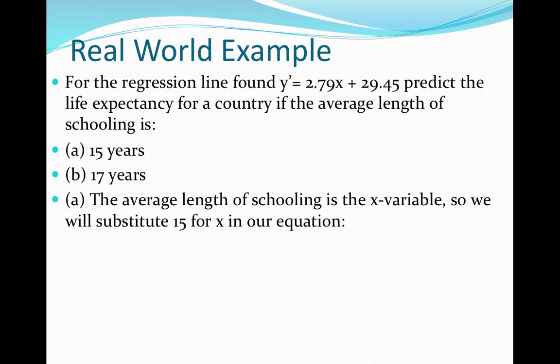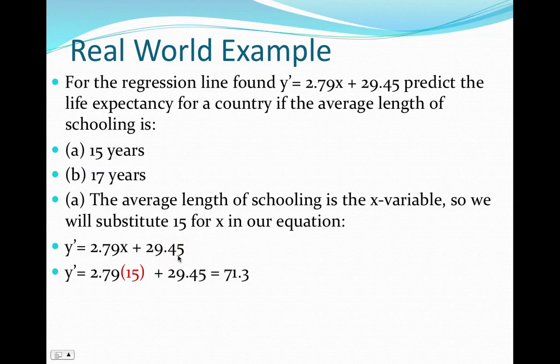Okay, so how you would do this is basically multiplication. When you let x be 15, you've got 2.79 times 15 plus 29.45. Okay, so that's what you're putting into your calculator. 2.79 times 15 plus 29.45, and when you evaluate it, you should come up with 71.3.